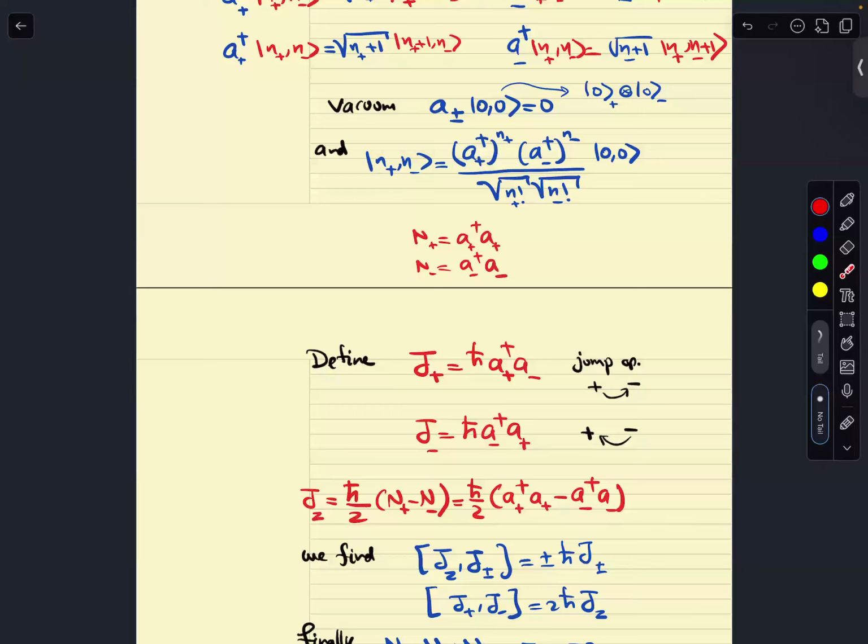Now j plus over h bar is something that looks like a number operator, but you lower an excitation from the minus oscillator and you raise it in the plus oscillator. Similarly, this is the opposite process. Sometimes we call this the jump operator. In this case, an excitation jumps from minus to plus, and this from plus to minus.